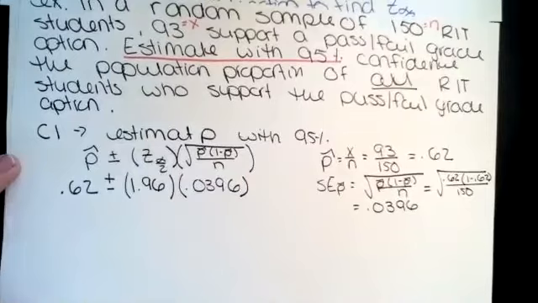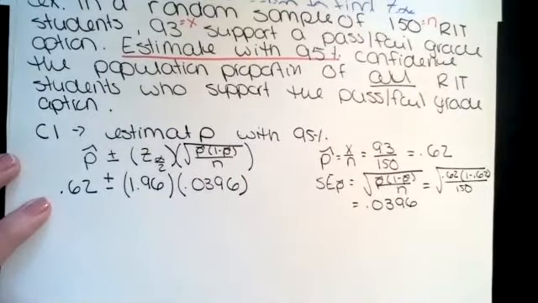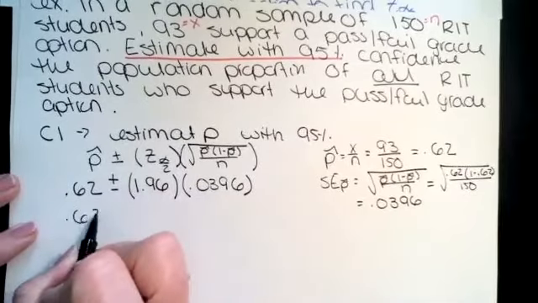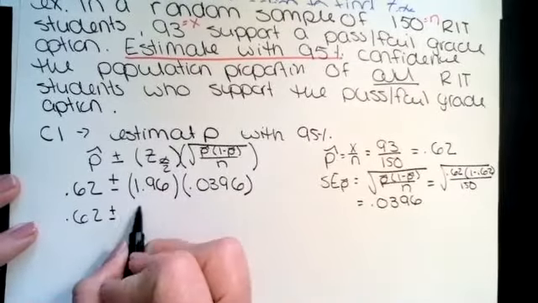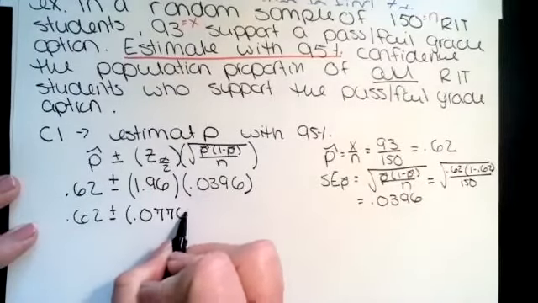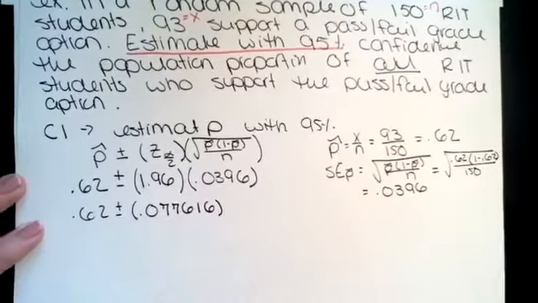So I'm all set to find my confidence interval. What I'm going to do is multiply these two, and then I will add and subtract. So I'm going to multiply these. I get 0.077616. I'm going to add it.